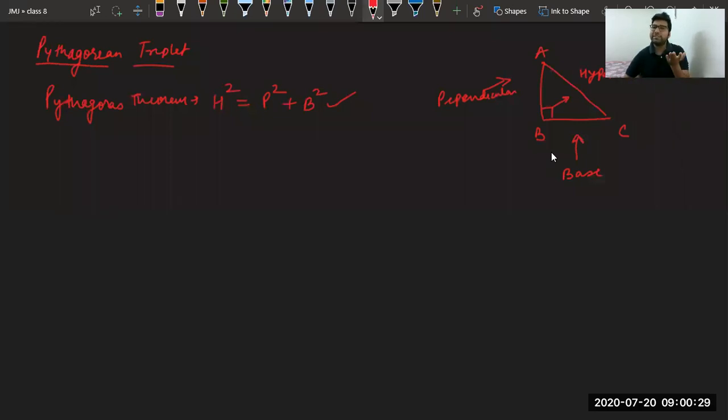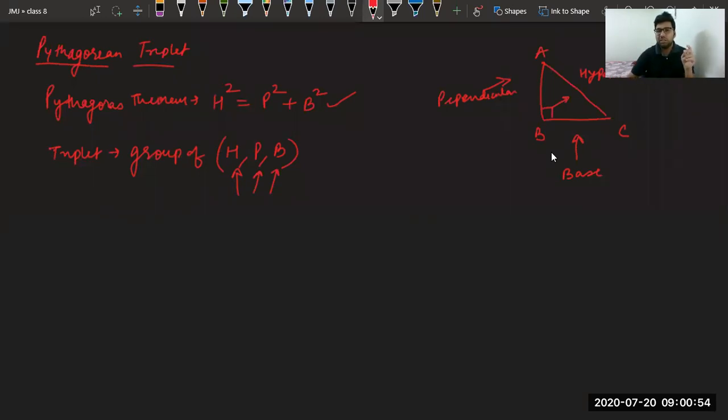Now, what is Pythagorean triplet? This combination, we can say triplet means group of hypotenuse, perpendicular and base. You can see there are three numbers. So these three in a combination are known as Pythagorean triplet.